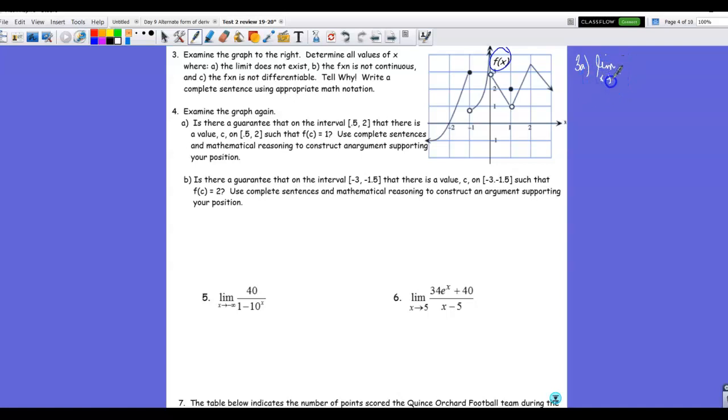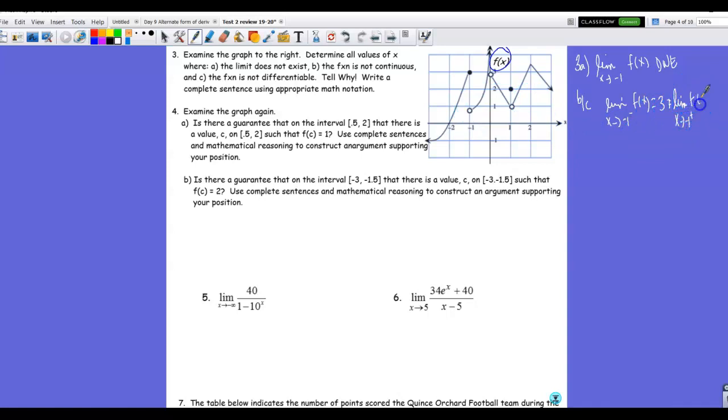as x approaches -1 of f of x does not exist because, now remember this is back to limits, the limit from the left, so the limit as x approaches -1 from the left hand side of this given function in the graph approaches a y value of 3, which is not equal to the limit as x approaches -1 from the right side, which approaches a y value of a little bit less than 1, I'll call it 0.8.